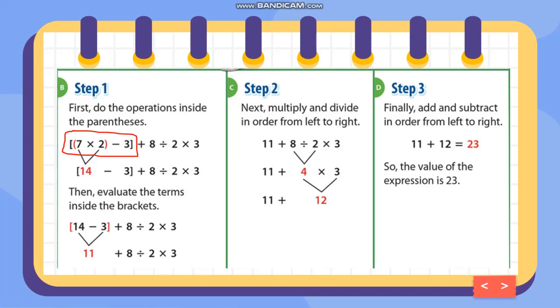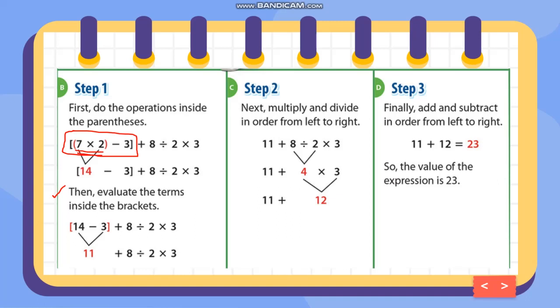Then copy the remaining, plus 8 divided by 2 multiplied by 3. Then evaluate the terms inside the bracket, because we still have the bracket. Here you removed the parentheses, that's why we evaluated what's inside the parentheses. Since we still have the bracket, we need to evaluate first what is inside the brackets. So 14 minus 3 is 11, then copy the remaining, plus 8 divided by 2 multiplied by 3.